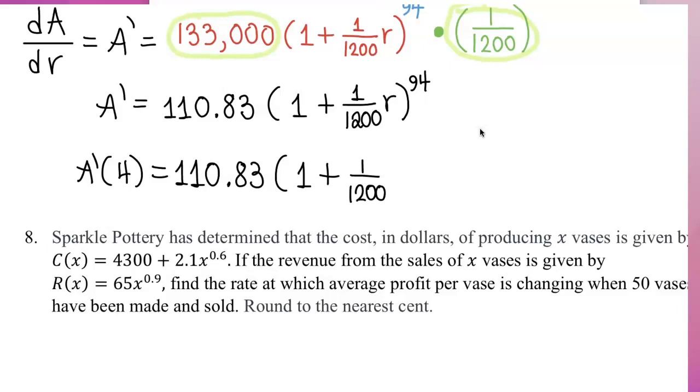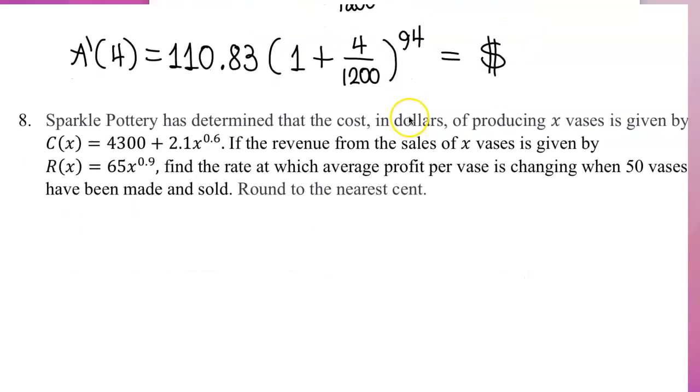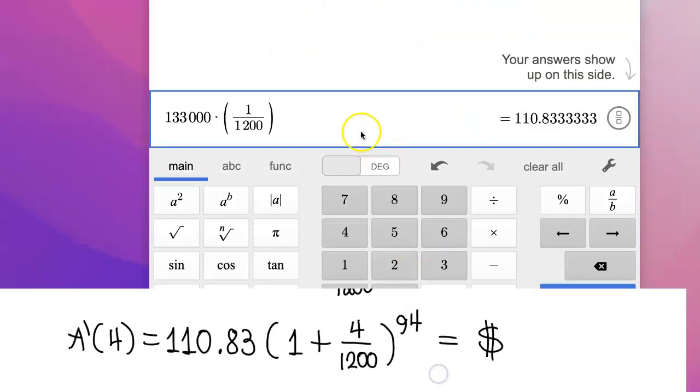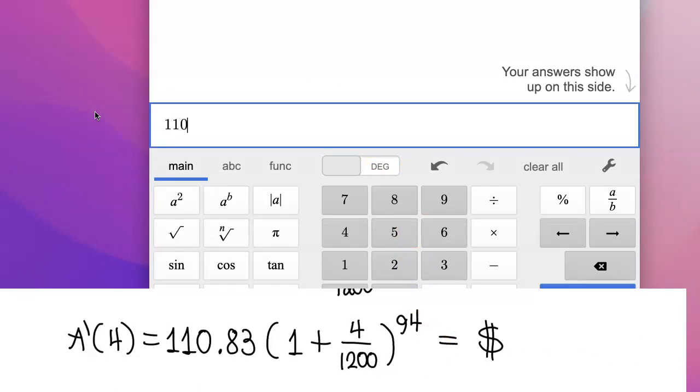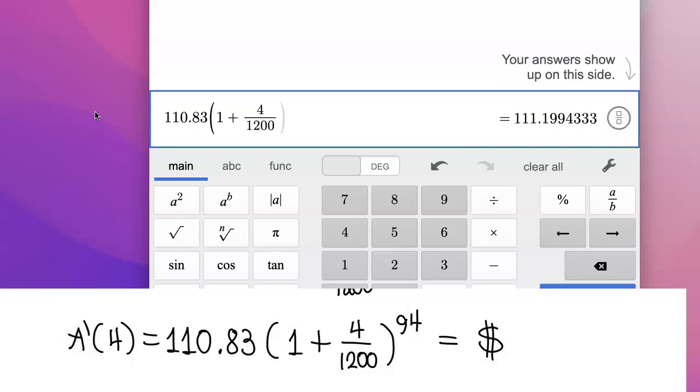At this point, I'm just going to put that 4 on top, to the 94th power. So when the rate is 4%, how fast is my account balance increasing? Let's go type that in: 110.83 times 1 plus 4 over 1200 raised to the 94th power.